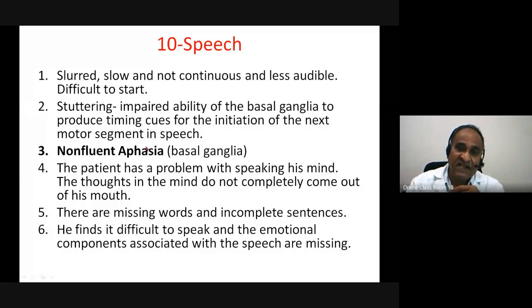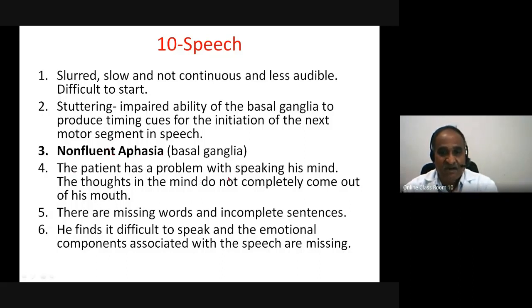Aphasia is a speech disorder, and it is non-fluent. Non-fluent means he does not have fluency. He is slowed down, and the speech comes in segments, one at a time, with a pause. That is the non-fluent aphasia.